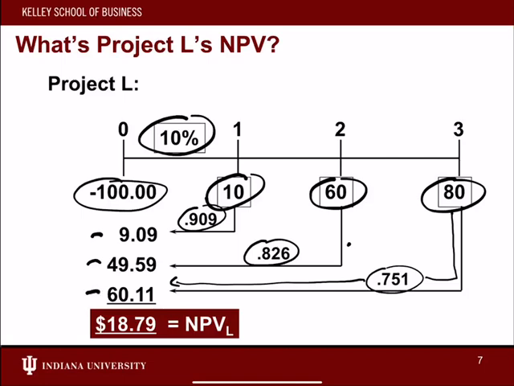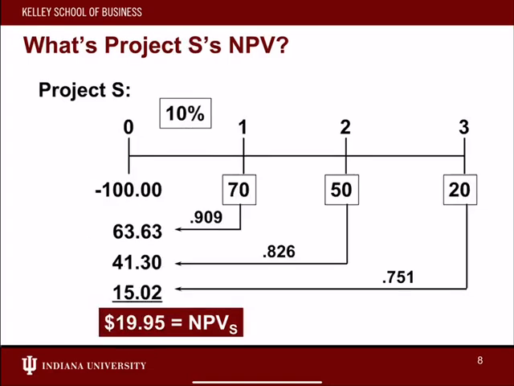And that $80 is only worth about $60 in today's value. So we add all those up, and we find that Project L will cost us $100 and overall we'll make about 19 bucks.